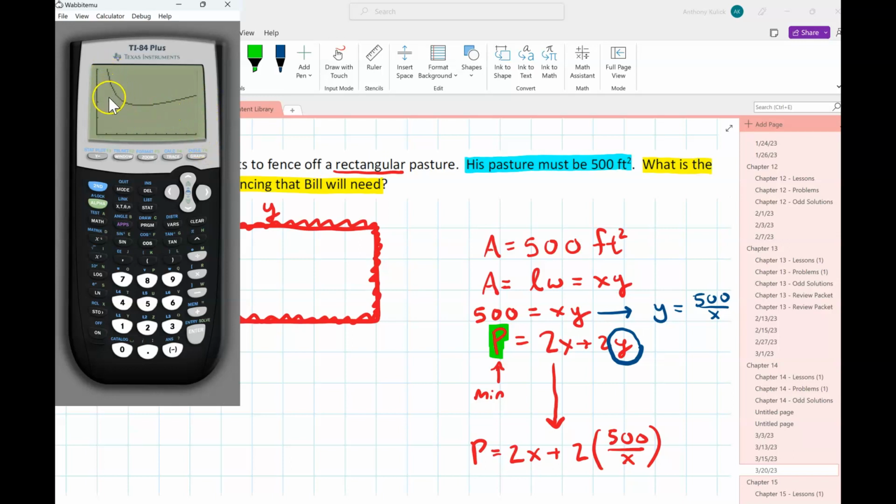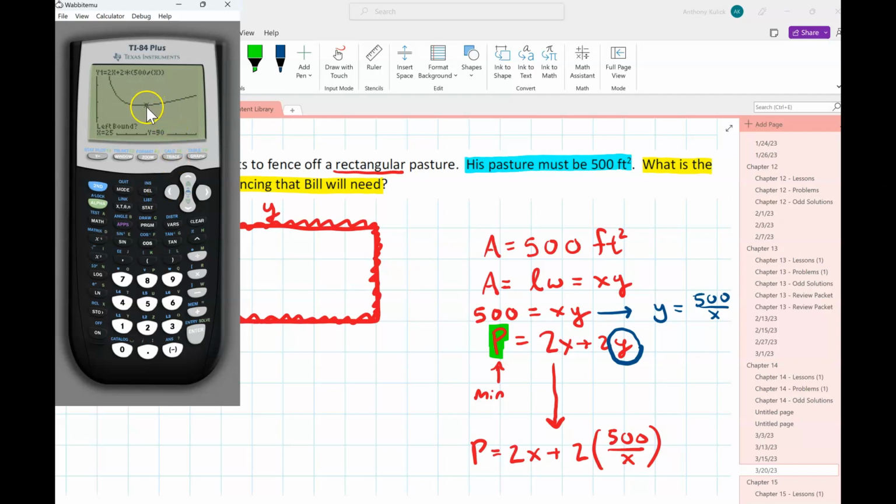So what I'm looking at is, right around here looks like the minimum, right? To find that point exactly, I'm going to press second and then the trace button. I'm going to select the minimum command. And now it's going to ask me 3 questions: left bound, right bound, and a guess.